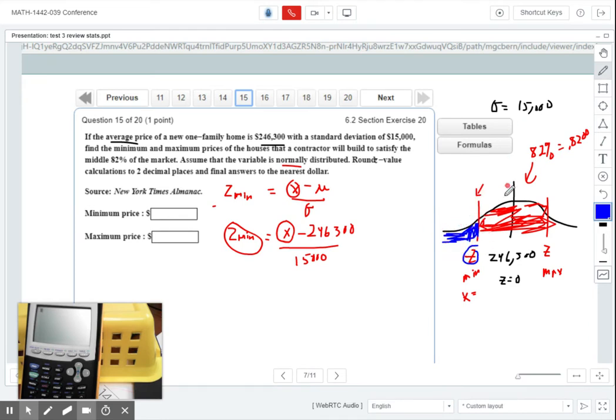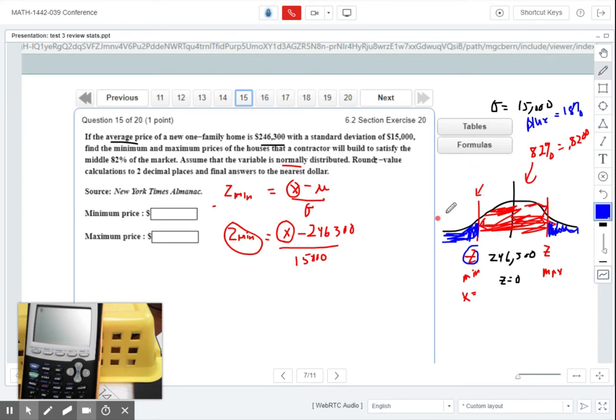What is this area? If the red area is 82%, wouldn't you say then the blue area is 18%? Because 18% and 82% is 100%. So the area in blue is 18% because the area in red is 82%.